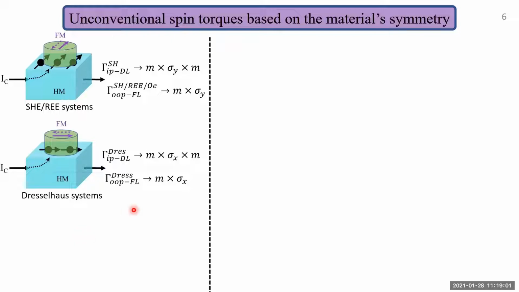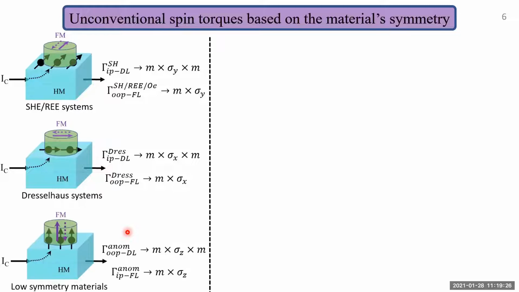In those kinds of systems, if you run current along certain crystal axis, then you'll see that spins polarized along the direction of charge current will be accumulated at the interface. Again, those accumulated spins can produce damping-like torque and field-like torque. These kinds of things are observed particularly in semiconductor systems like gallium manganese arsenide.